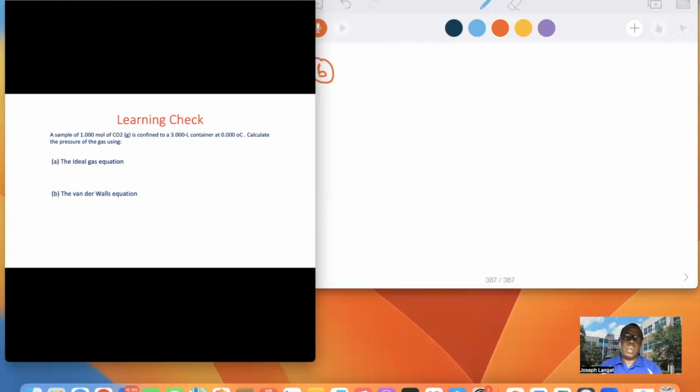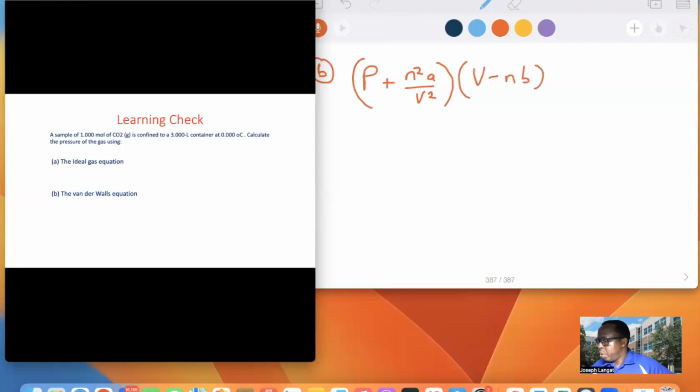Remember the equation is P plus n squared a over V squared, that is volume squared. This is the Van der Waals equation, times V minus nb, is equal to nRT.